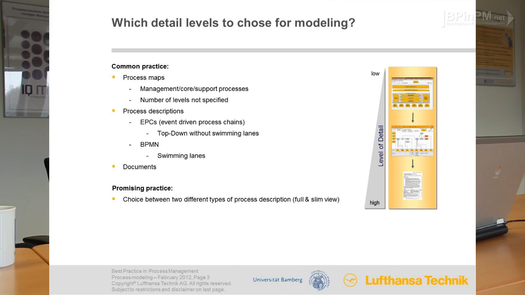That was quite common that everybody used these 3 different types of processes on the process maps. The number of levels was not specified, so when you click on a process in a process map, it could be that you get to another process map and so on, and at last you will get to the next level, process descriptions.